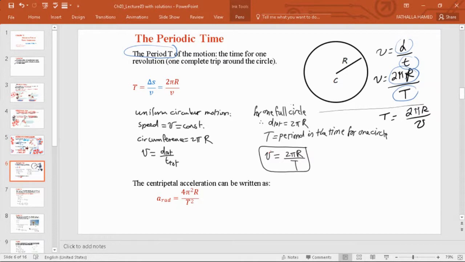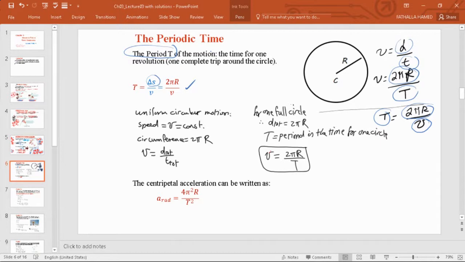So the period will be the circumference of the circle, which is 2πr divided by v. Remember, we used delta S to indicate part of our circle, but when you go around a full circle, this will equal 2πr, and this will give you your period.